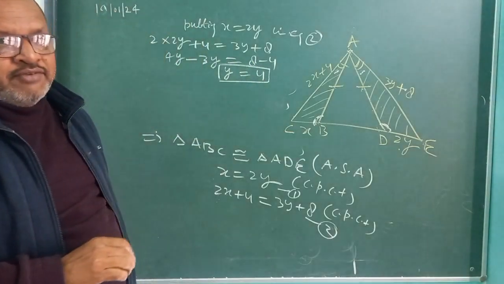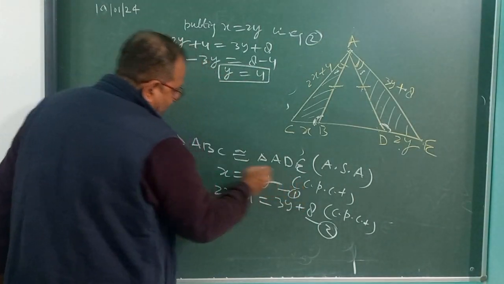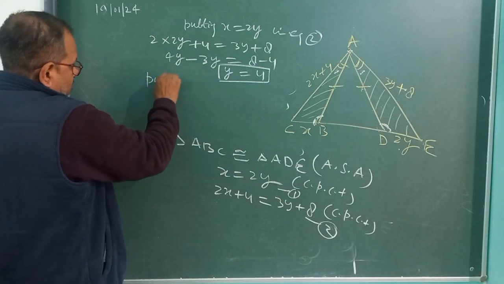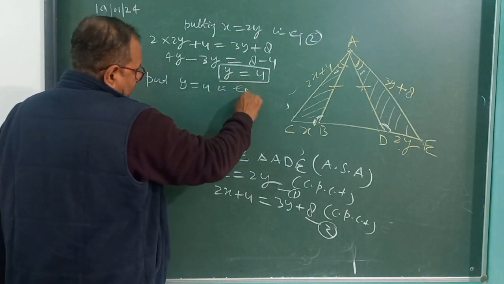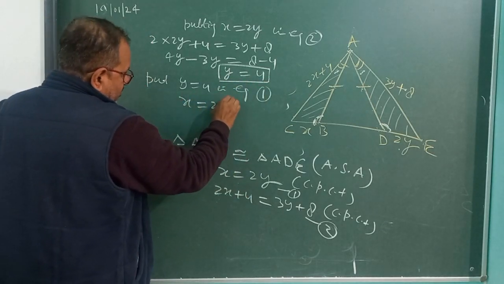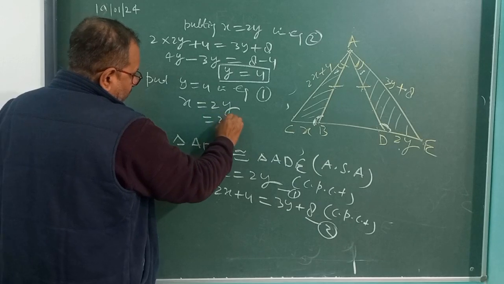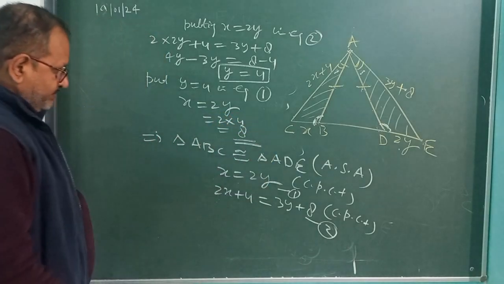Now we will find the value of x. So put the value of y in equation number 1. Putting y is equal to 4 in the first equation, x is equal to 2y. So y is 4, 2 into 4, x is equal to 8.